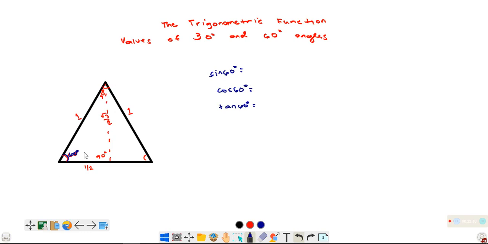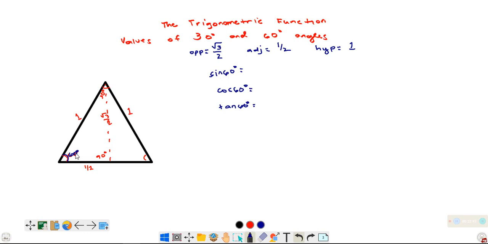First, let's identify the opposite of 60, the adjacent of 60, and the hypotenuse of 60. So, the side opposite 60 is equal to square root of 3 over 2. Adjacent 60 is 1/2. And finally, the hypotenuse, di siya magbabago. It is still equal to 1.